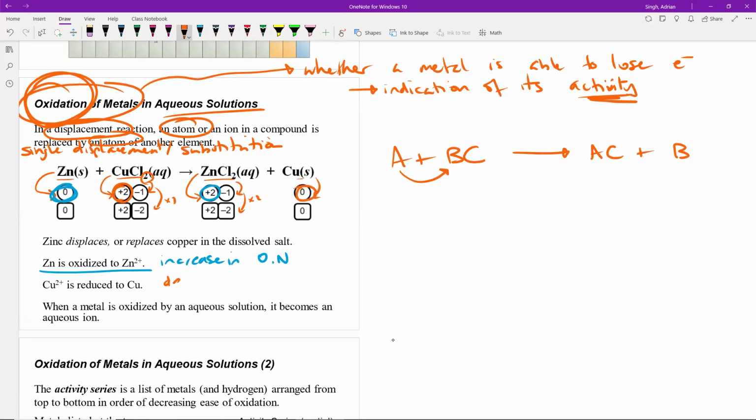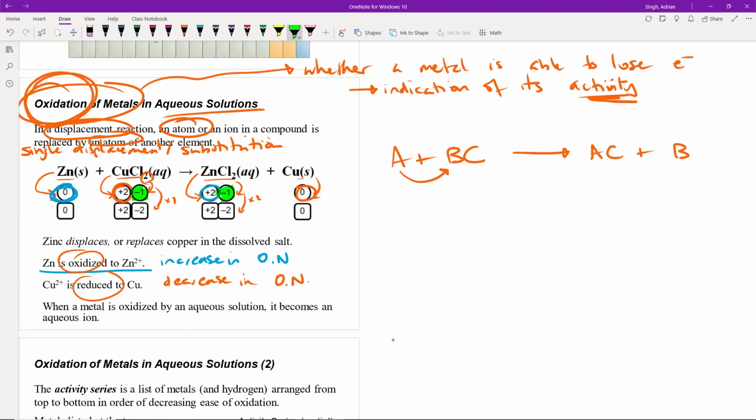So there's a decrease in the oxidation number for copper. Again, we have both happening simultaneously, both oxidation and reduction. In the case of the chlorine, nothing is happening to the chlorine. Its oxidation number stays at -1, so it's neither oxidized nor reduced.